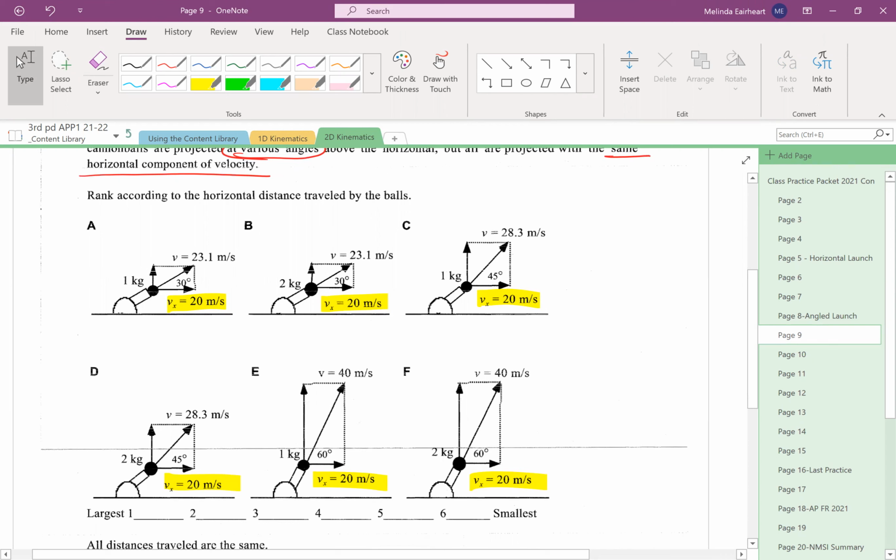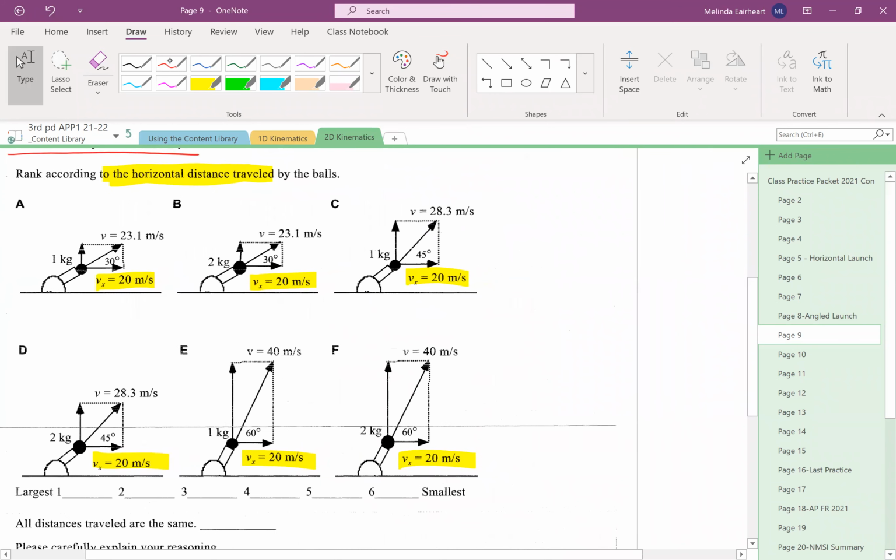And if you think about SOHCAHTOA, they would all have different hypotenuse, right? Rank according to the horizontal distance traveled by the balls. Well, forget the ranking. Let's get into justifying first. And so horizontal distance, AKA, what's our vocab word? Range, delta X, it's equal, what's our 99.9% of the time equation?